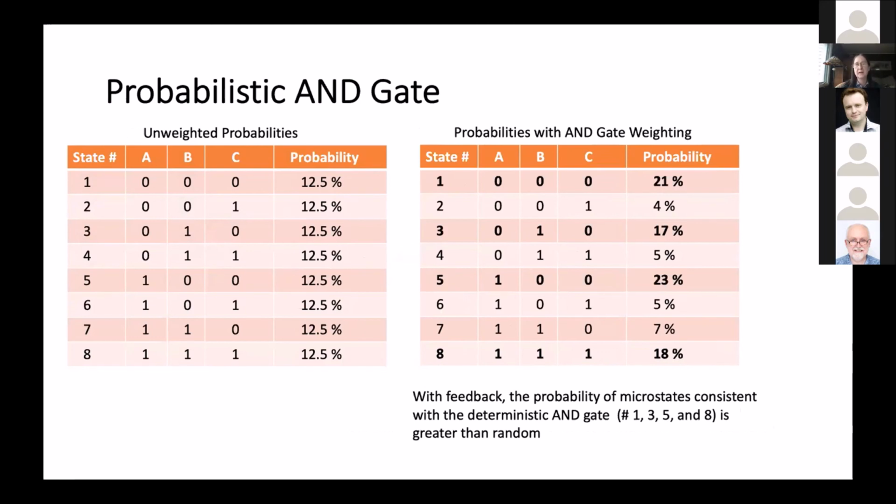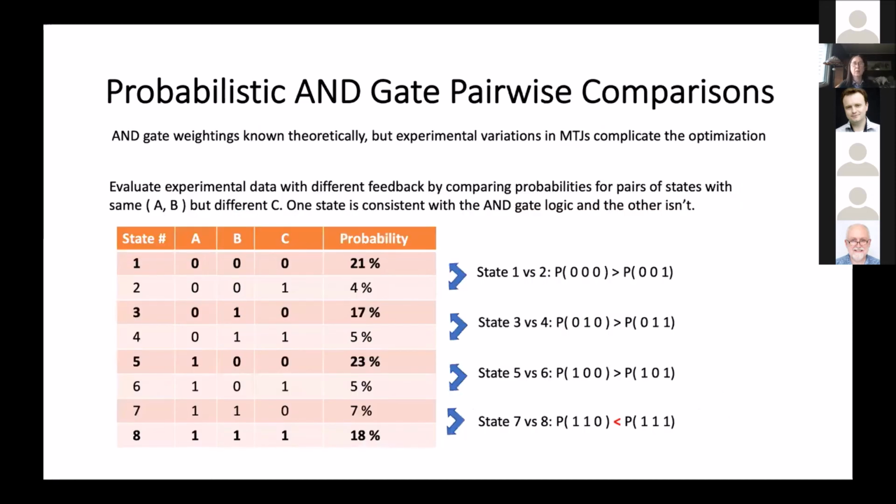And that's just not going to happen if you look at the theory behind this, but you do see a preference. So one of the issues with working with probabilistic logic gates like this is figuring out how long you have to average and how much of a difference is going to be meaningful in terms of the preference for particular states. What we have found is that comparison of these pairwise microstates, looking at the relative probabilities, is a very reliable guide that we do get a preference.